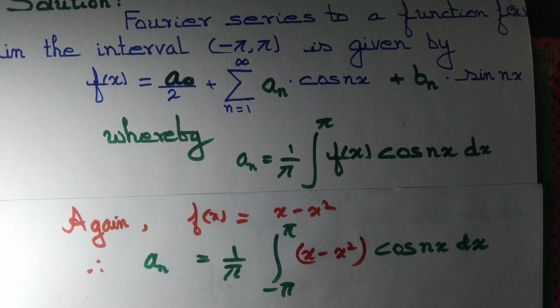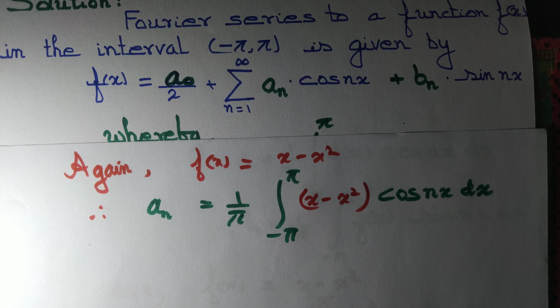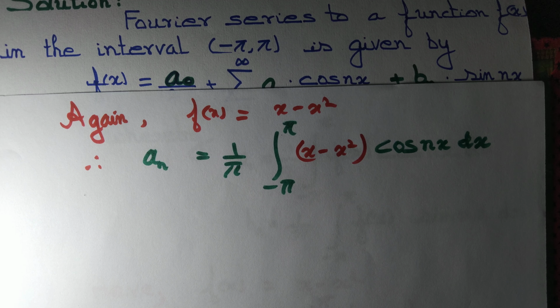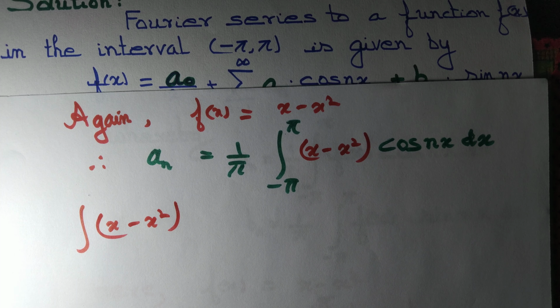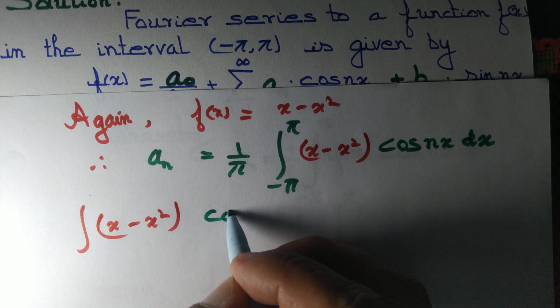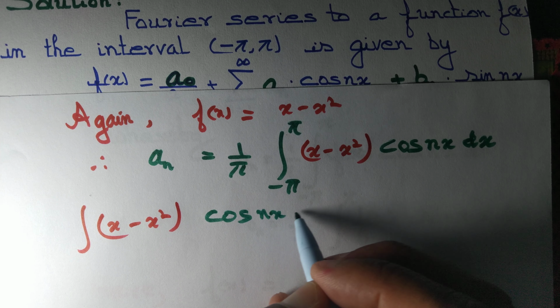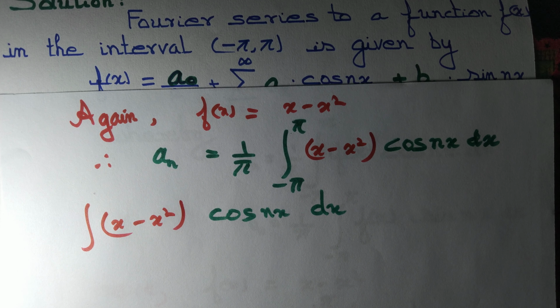Let us evaluate this. If we want to find this value, we have to calculate the integral of (x - x²) cos nx dx. Of course, n = 1, 2, 3, 4 and so on.